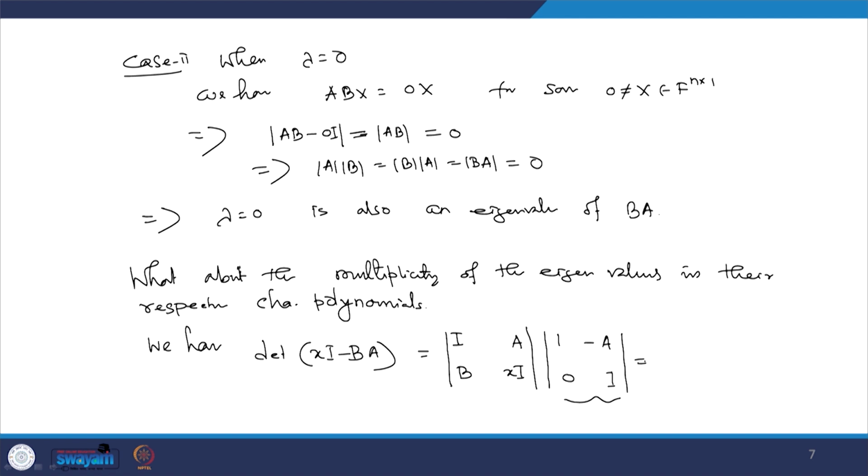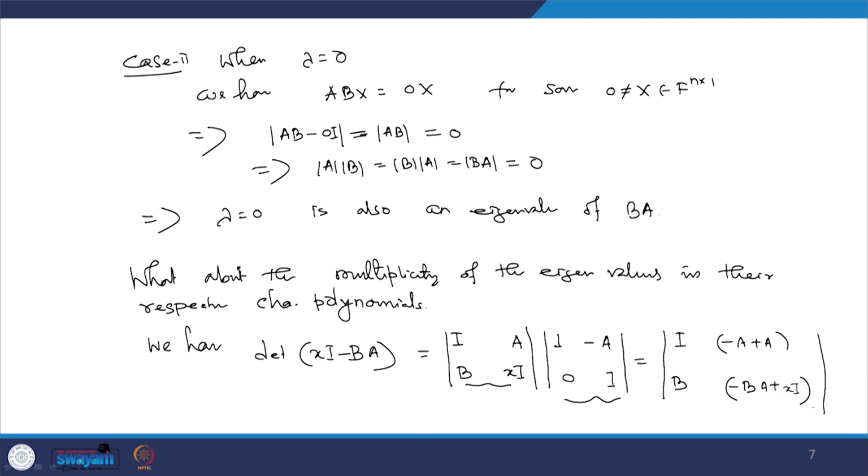But if I simplify, this is basically the determinant of I minus A and plus A. Then again the 2,1 entry will be this row multiplied by this column, so it will be basically B, and this is equal to AB, BA, this will be minus BA plus xI.